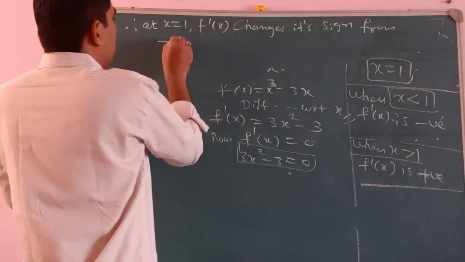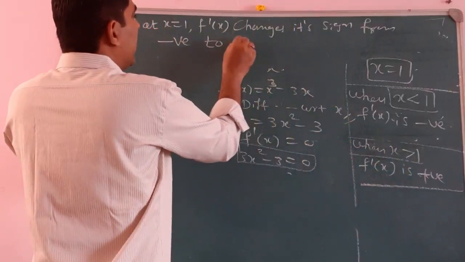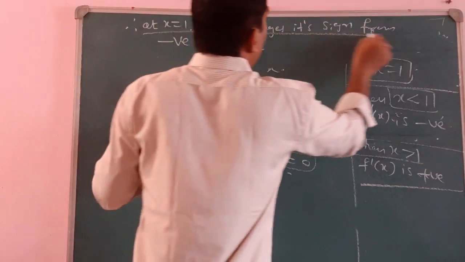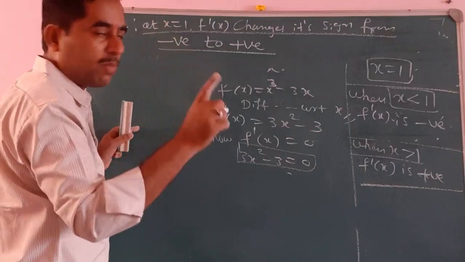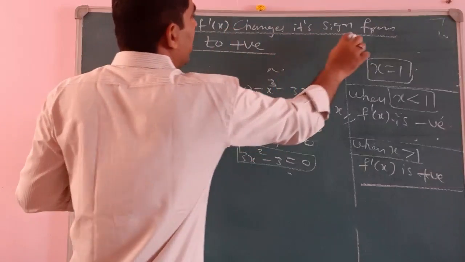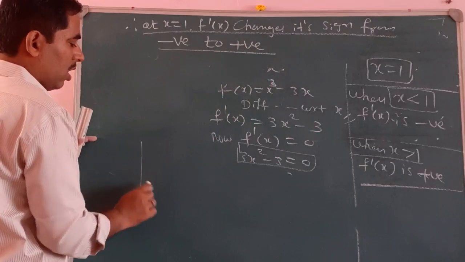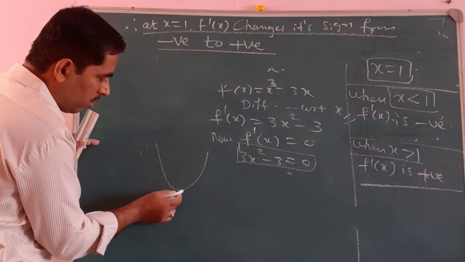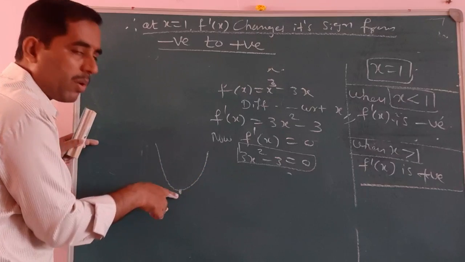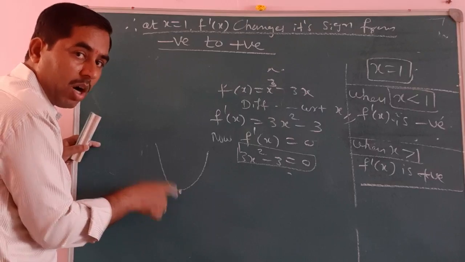Changes its sign from negative to, on the right side of 1, positive. Negative to positive, that is the observation. At x is equal to 1, which was our first point, the sign of the derivative changes from negative to positive. Negative to positive means, so what will be the point here? This x is equal to 1 is a point of local minima.